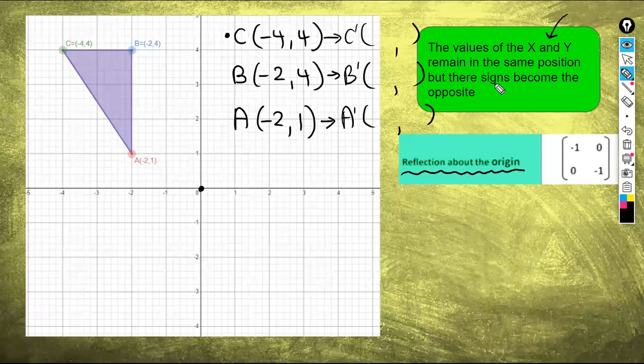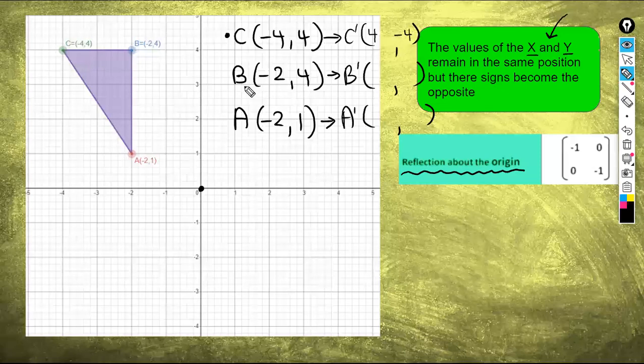So according to the instructions, the x and y remain in the same position. So the x and y do not switch. You just make each one the opposite. So the minus 4, look at point C. The minus 4 will become positive 4, and positive 4 will become minus 4.